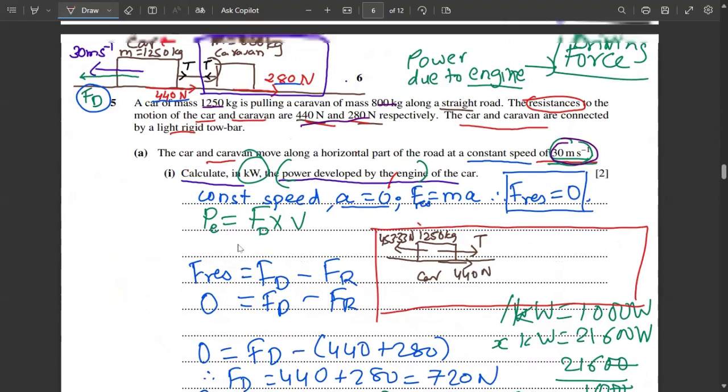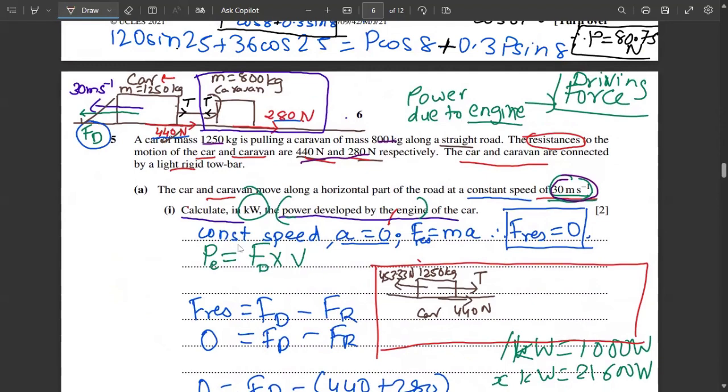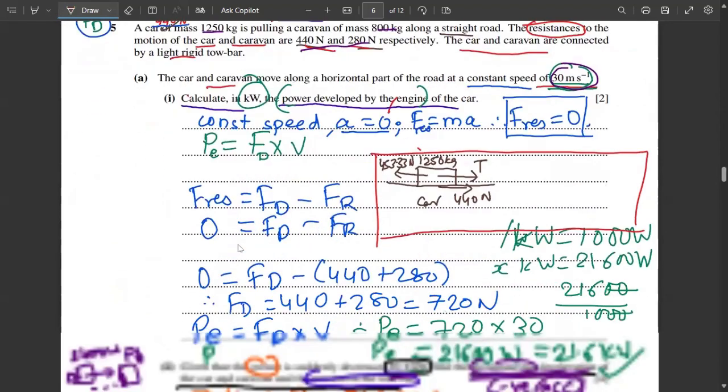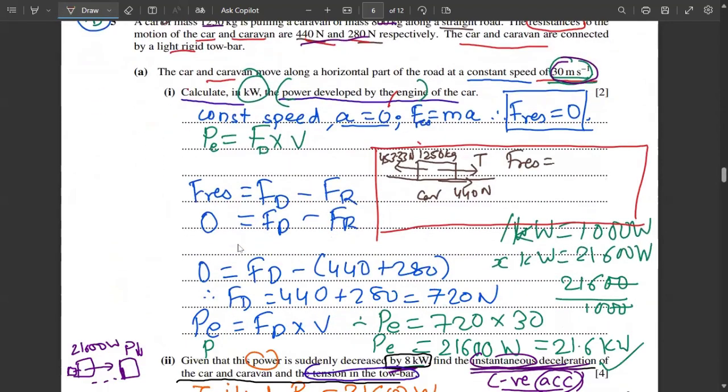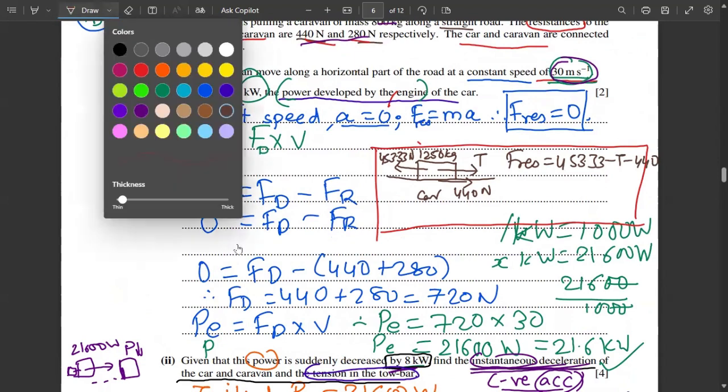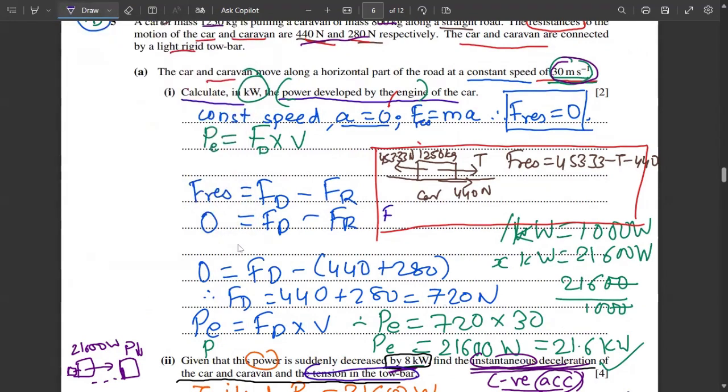Is there any other force? Driving force done, 440 done, tension done. No other force. Okay, so the resultant force will be 453.33 minus T minus 440. And we also know F resultant is mass into acceleration. Mass is 1250.